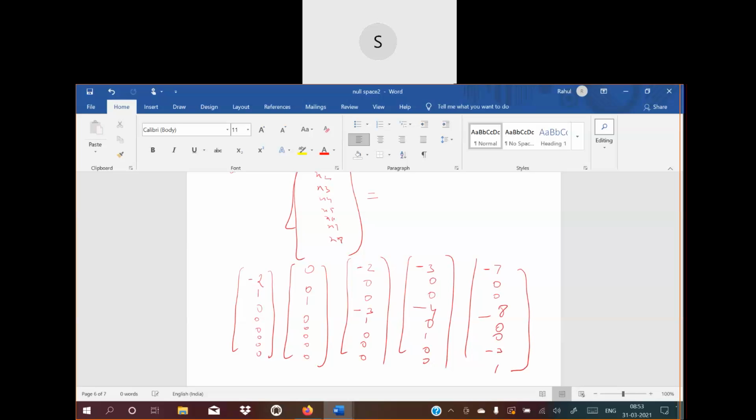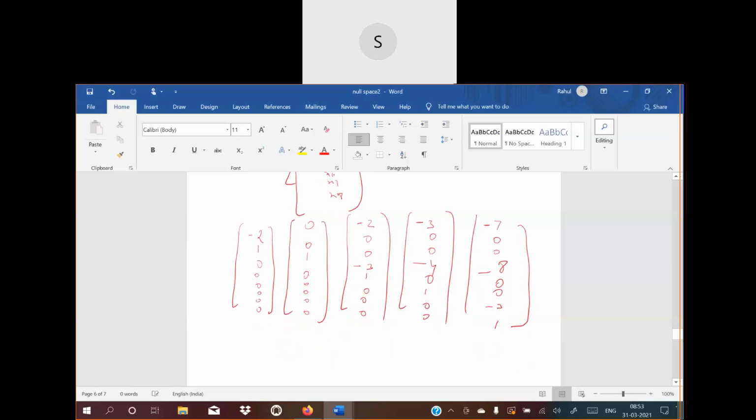This actually forms the solution space, and this is the basis for the null space, and the dimension is 5, because you have 5 vectors here, and the matrix was a 4 cross 8 matrix. So you are in R8 space, but the dimension is 5.